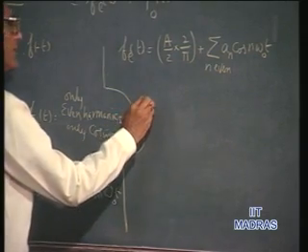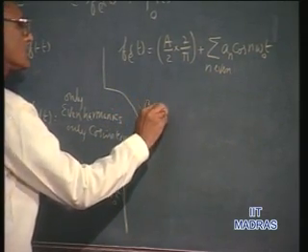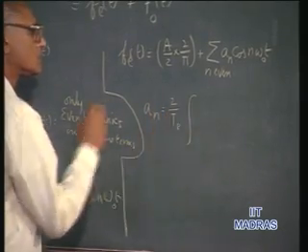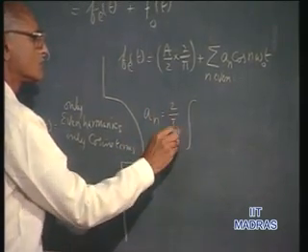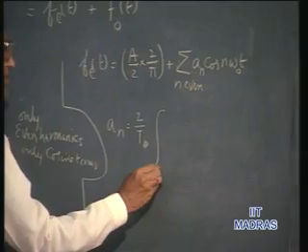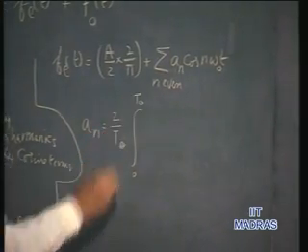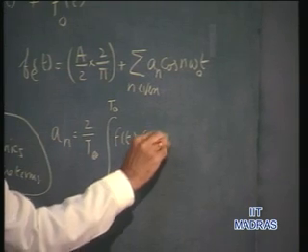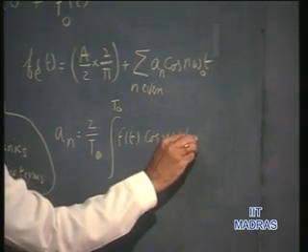To calculate an, you take twice the average of the function 0 to t naught f of t cos n omega naught.